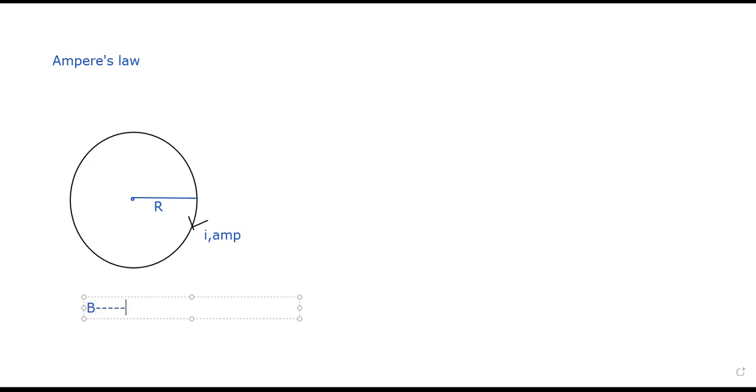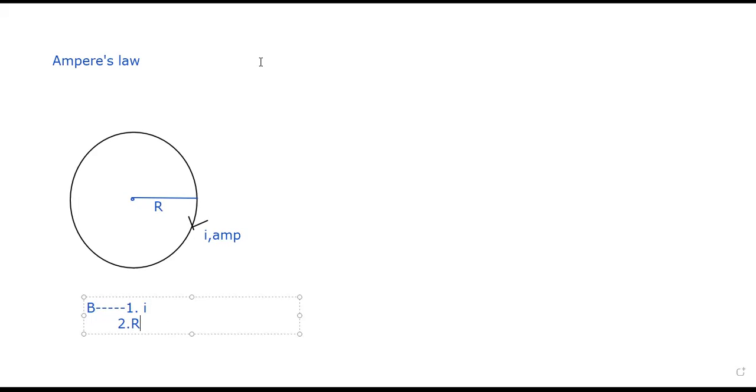It depends upon two factors. Number one, current flowing through the conductor, I mean the circular loop. The second one is the radius of the circular loop. So these two are the factors on which the magnetic field at the center of the circular loop depends. How?